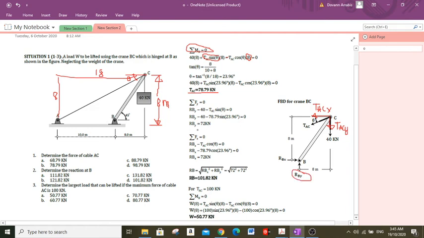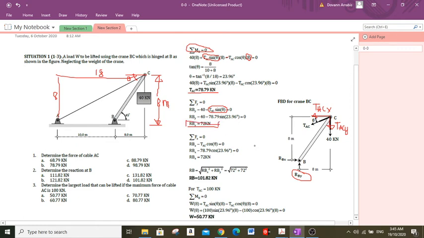RBY is upward force, so positive, and we have 40 kilonewton downward, negative, and the y component of TAC, that is TAC sine theta, also negative because this force is directed downward, and we can get the magnitude of RBY.